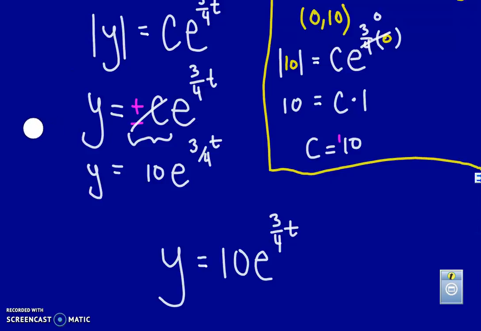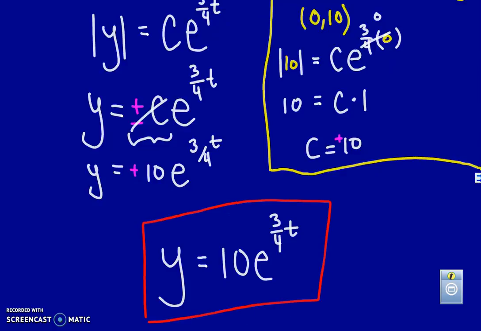But because we were able to use our initial condition to solve for c, and we figured out that c was equal to positive 10, we plugged that in for c. We don't need the plus or minus anymore because it came out to be positive 10. And the answer is this. That's it for the video.